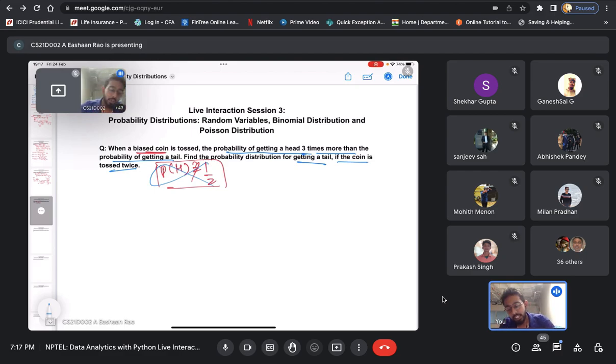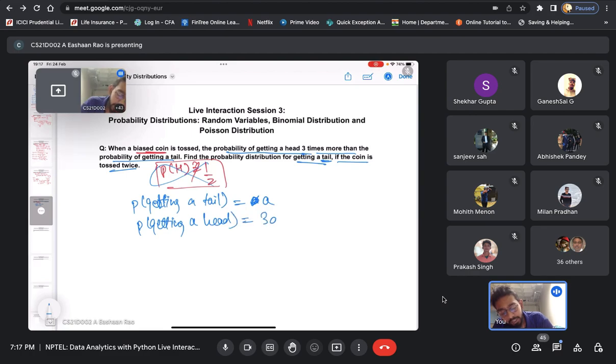So what it's saying is, first we have to find the probability. Since it's talking mostly about tail, let's say the probability of getting a tail is a, and getting a head is 3 times more than the probability of getting a tail, that is, it will be 3a.